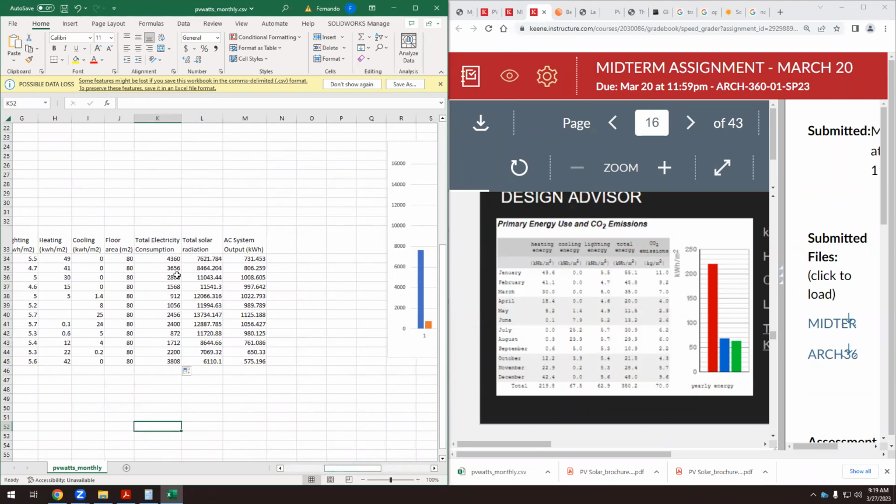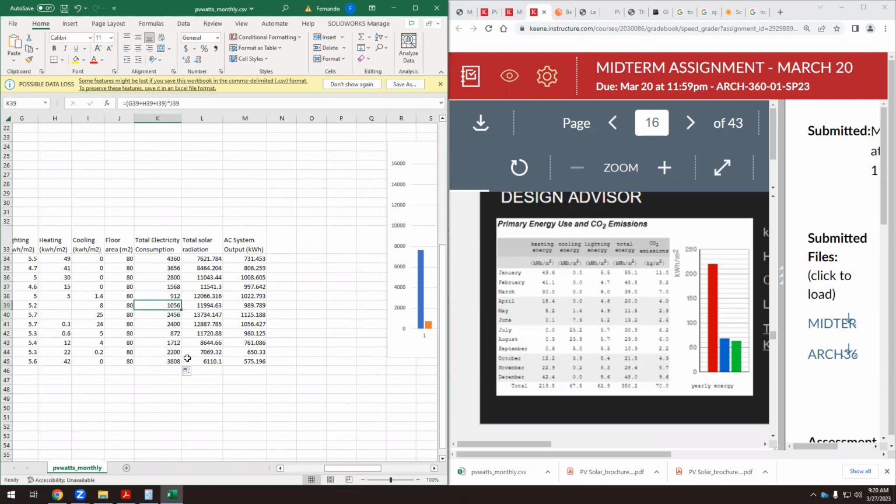Okay. So looking at this total energy consumption, we will create a graphic, but I think this is clear. In January, we need 4,300 and we produce 700. In winter, we are closer.